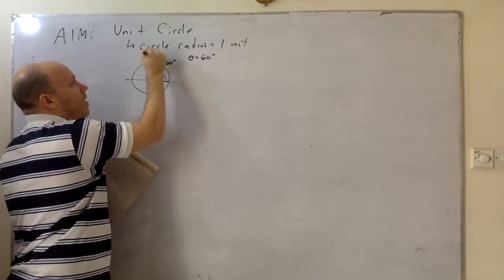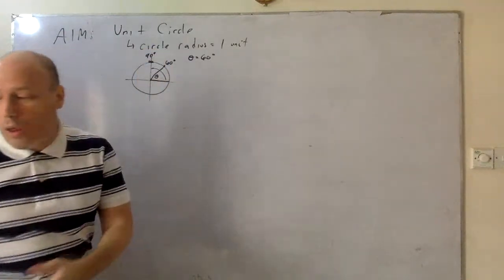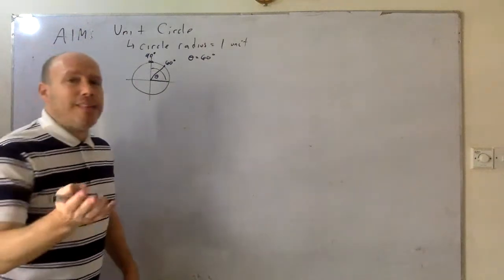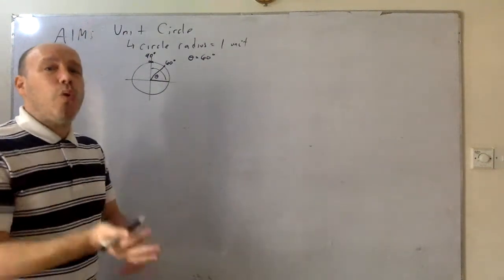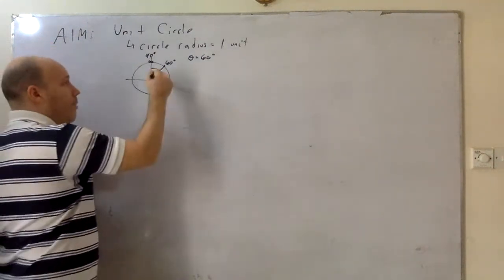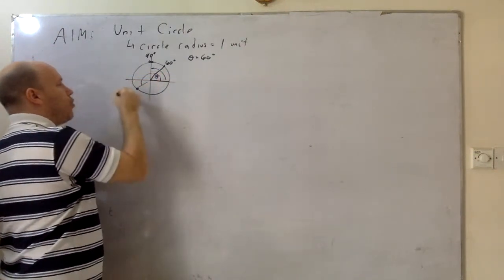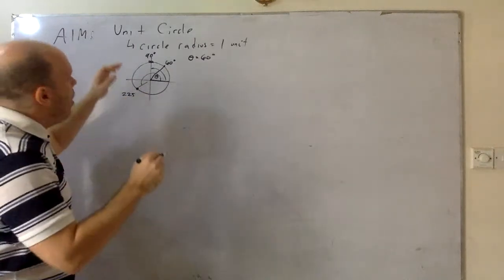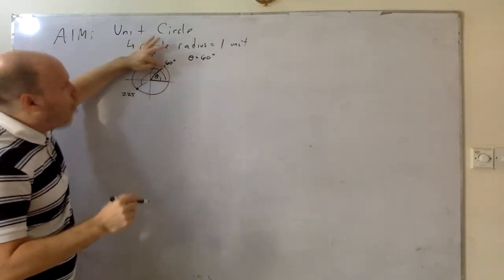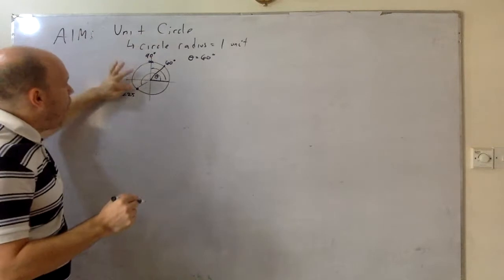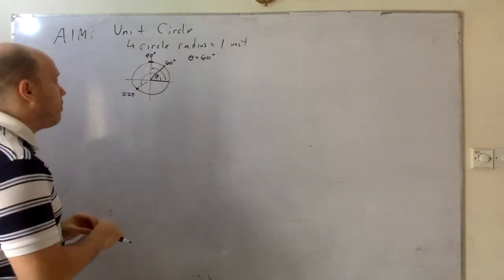I might say 225, and you would say, okay, Mr. Adler, it's right here. That's the idea. So our rotations are now corresponding to points on the unit circle.